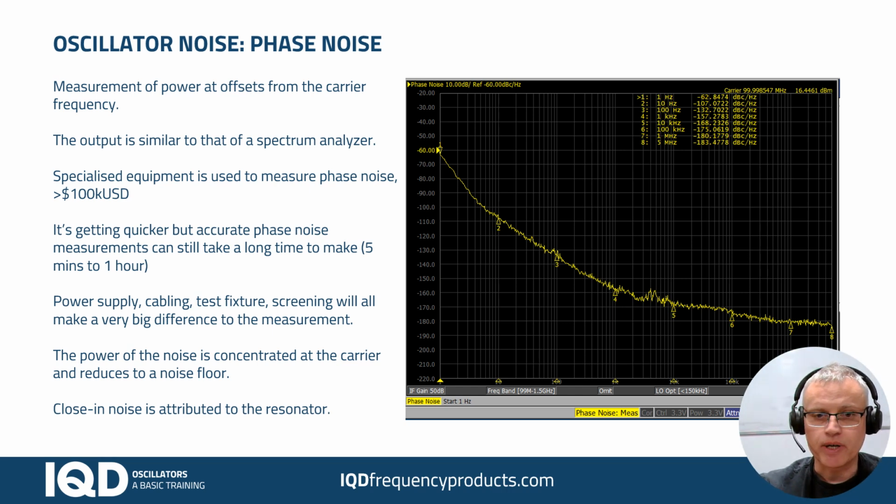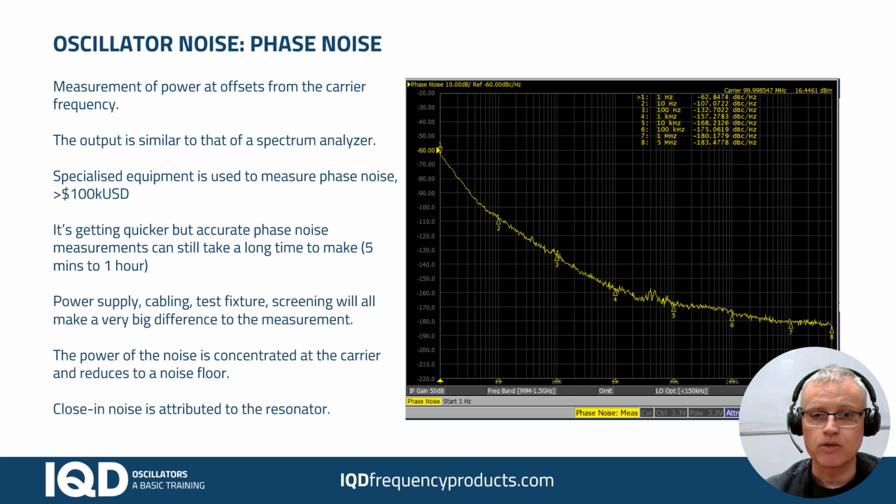When we are making a phase noise measurement, we need to be very careful about the test setup. Things like power supply, cabling, test fixtures, EMC shielding will all make an enormous difference to the measurements. If it's a very low phase noise oscillator, we might use something like a lead acid DC battery for the power supply because they are very low noise.